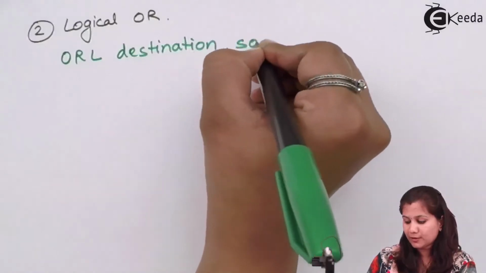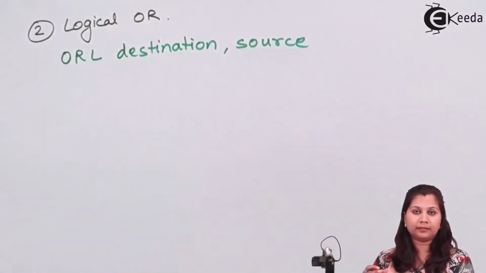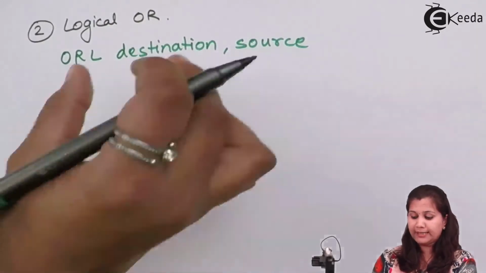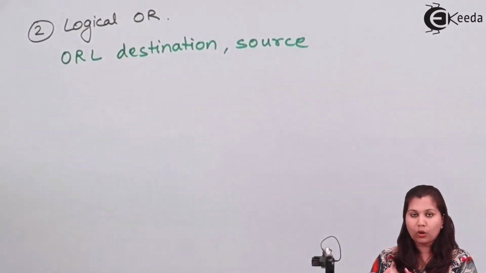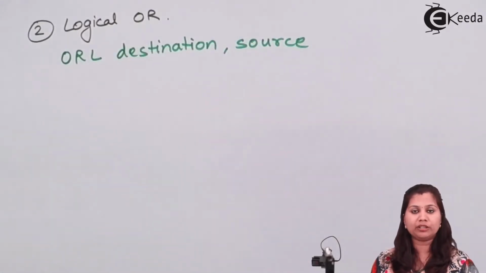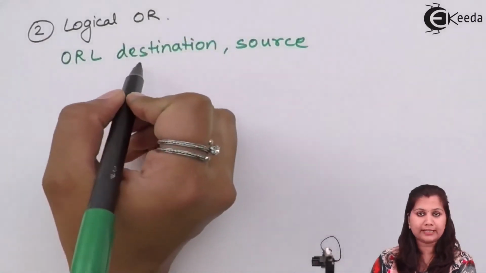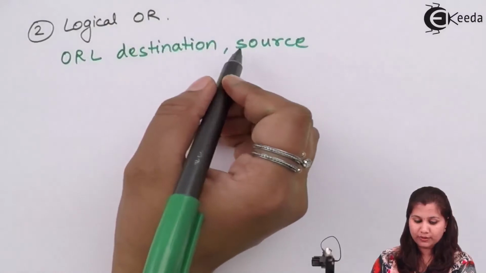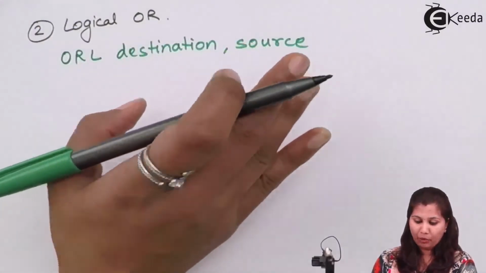Again, destination and source will contain 8-bit data. Bitwise, the bits are logically ORed with each other. The destination will have 8 bits, and the source will have 8 bits. All the 8 bits are individually logically ORed with each other, and the result is stored in the destination, and the contents of the source will not be modified.